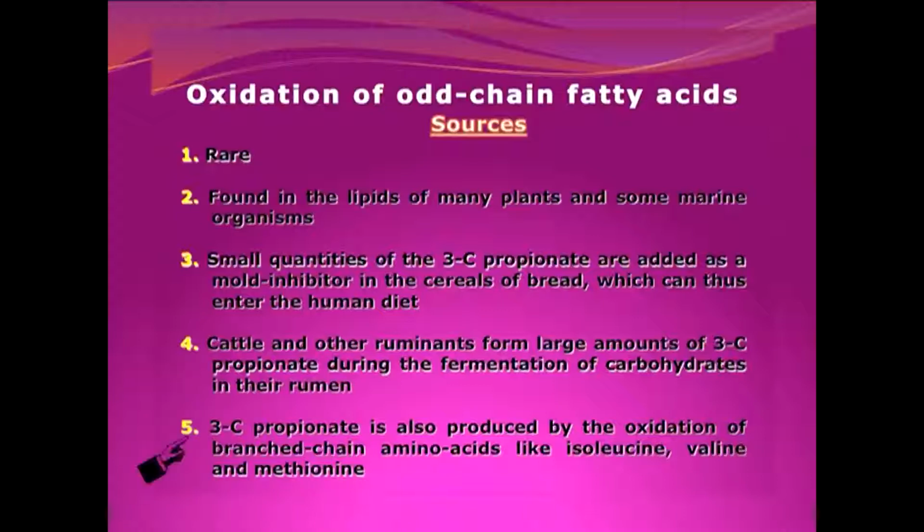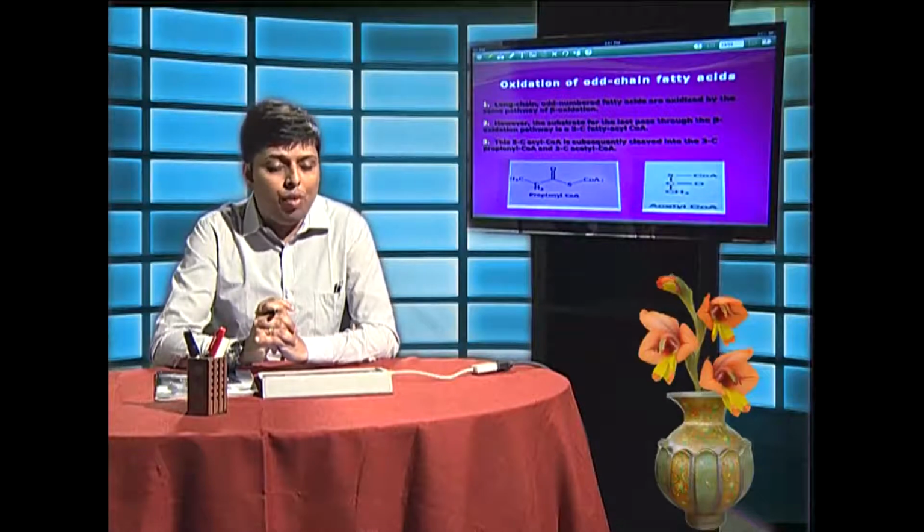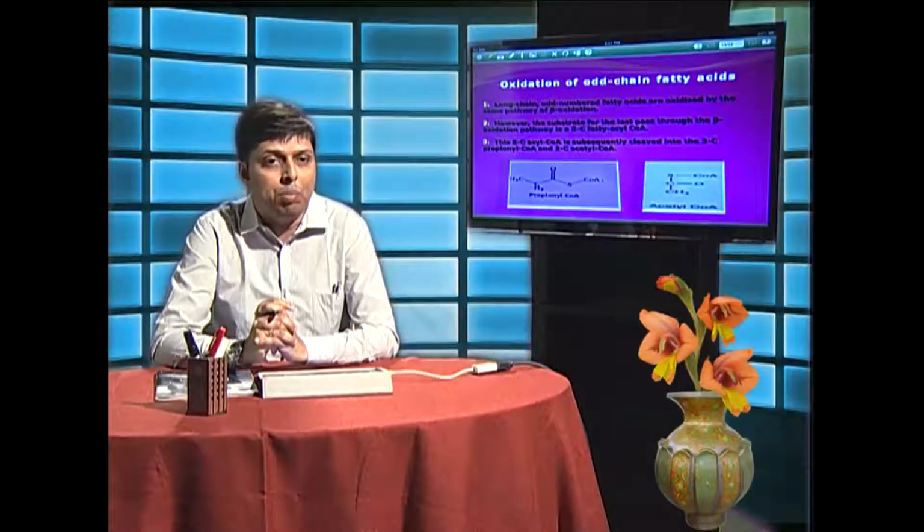Also, the 3-carbon propionate is generated out of the metabolism of branched chain amino acids like isoleucine, valine, and methionine.